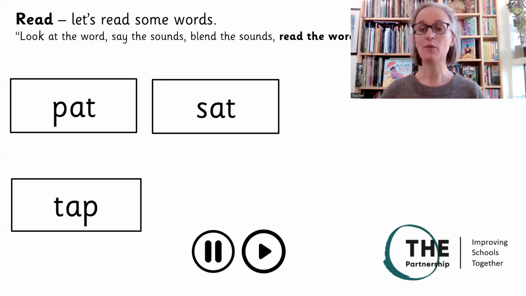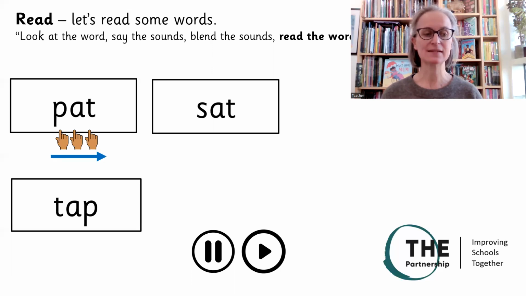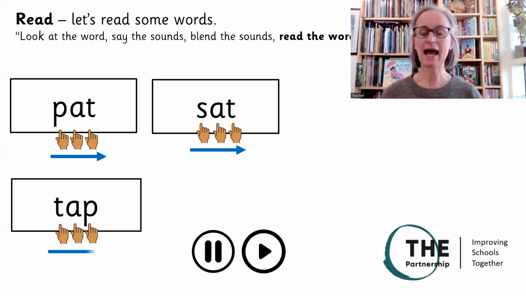Press play when you're ready. Great. You've had a go at reading all three words. Let's read them together and see if you were correct. P, a, t. Pat. S, a, t. Sat. T, a, p. Tap.